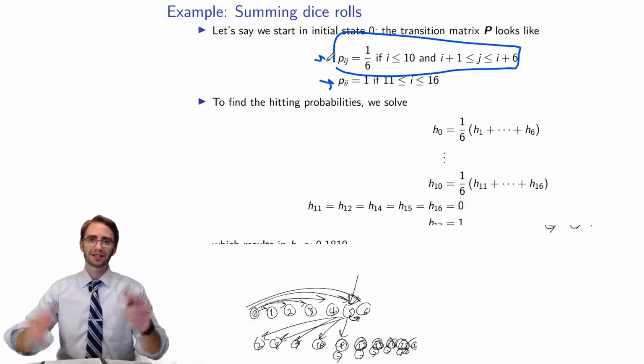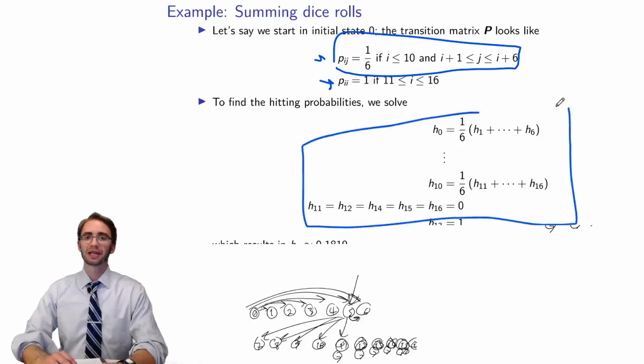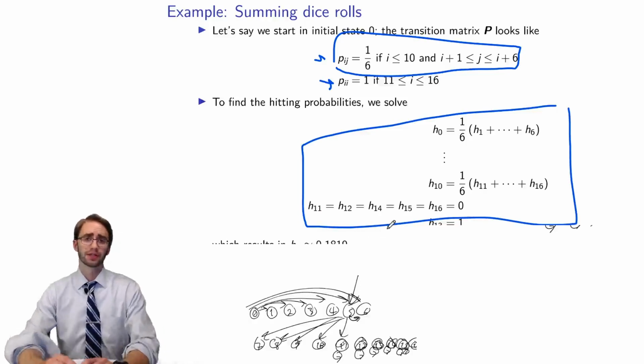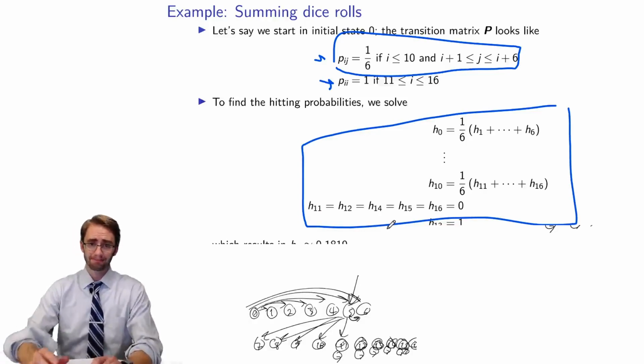I could draw this in a great big matrix if I wanted. And so to compute these hitting probabilities, you would just solve the resulting linear system, which I've written up here. And when you do that, you find H0 is equal to 0.1819. So there's about an 18% probability that the final number that you land on is 13.